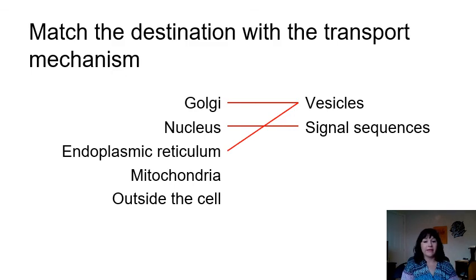However, if it's leaving the endoplasmic reticulum, it's leaving via vesicle, so that's why I have vesicle here. Mitochondria, if a protein is destined for the mitochondria, it's going to be using signal sequences to be transported into that organelle. And then if a protein is destined outside of the cell, it's going to travel via vesicles to the cell surface. All right.